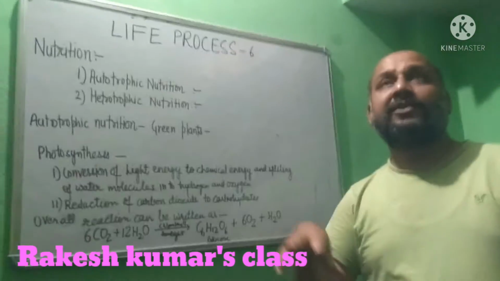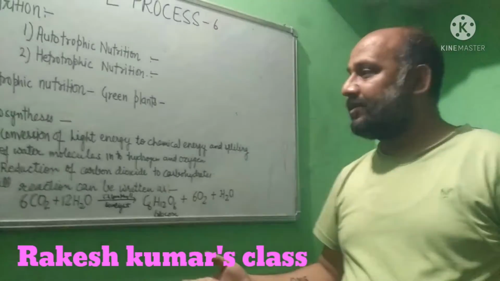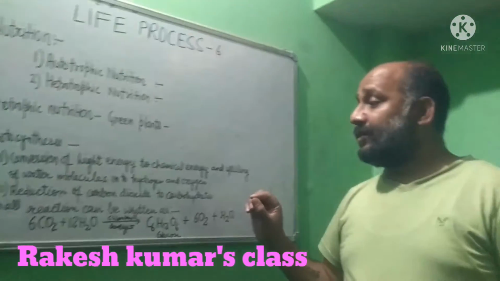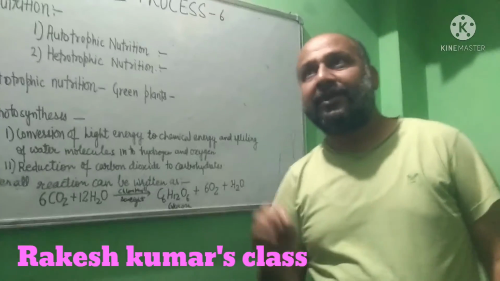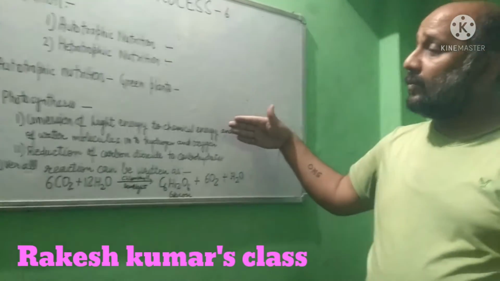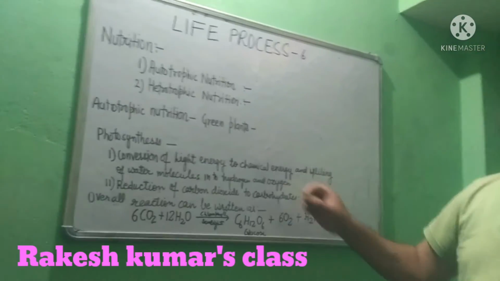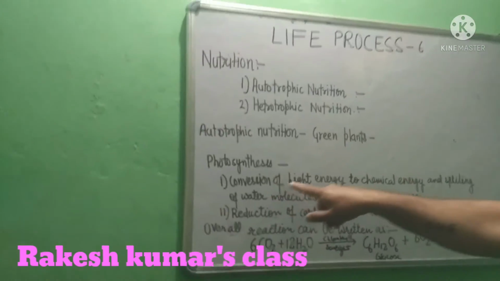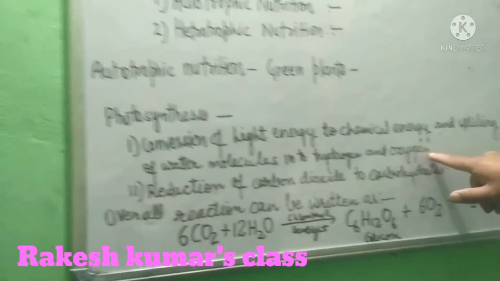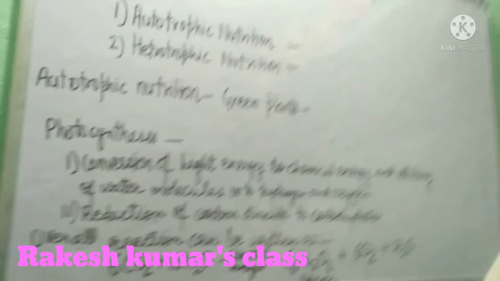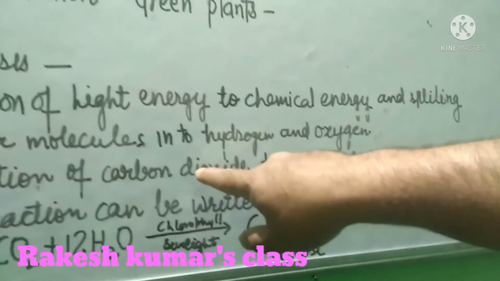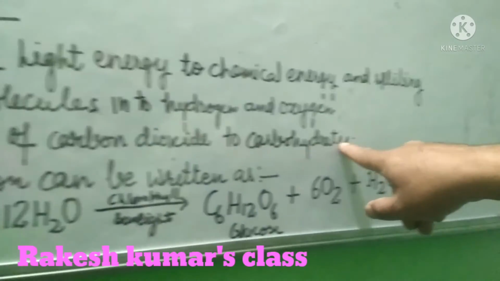This process occurs in the green cells of the plant. In photosynthesis, a green colored pigment, chlorophyll, traps light energy, and two processes occur. Number one is conversion of light energy to chemical energy and splitting of water molecules into hydrogen and oxygen. The second process is reduction of carbon dioxide to carbohydrate.